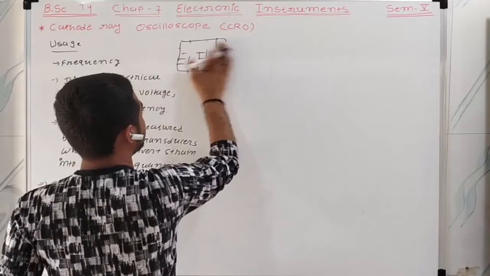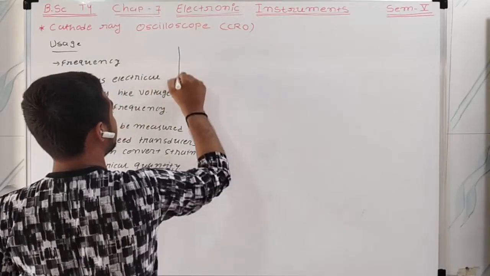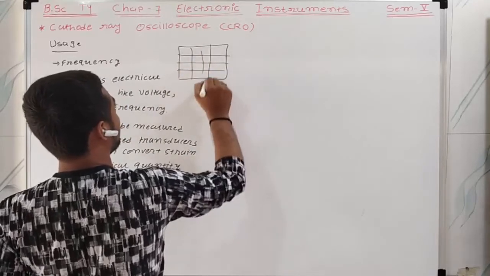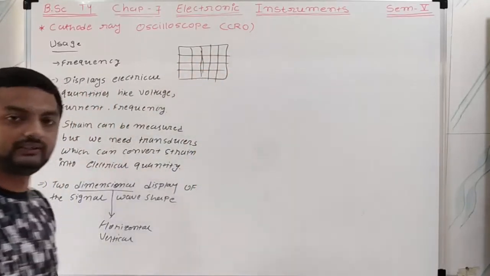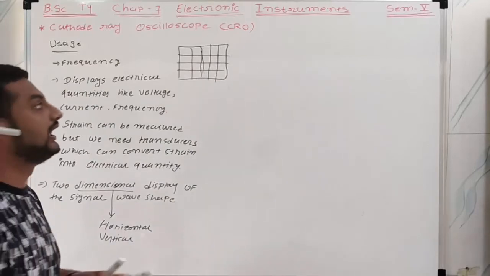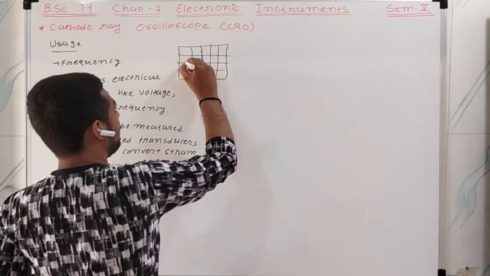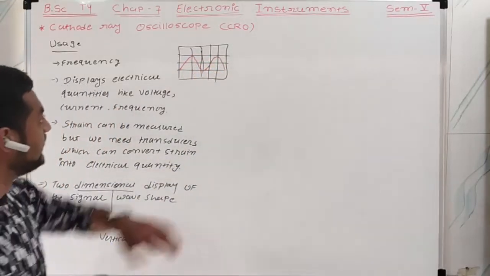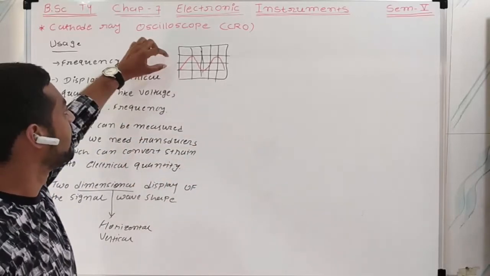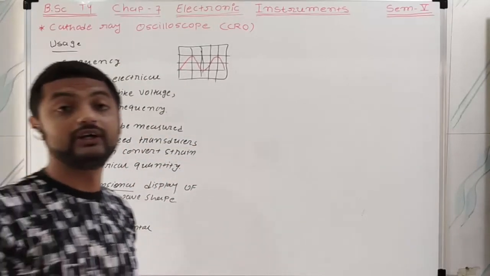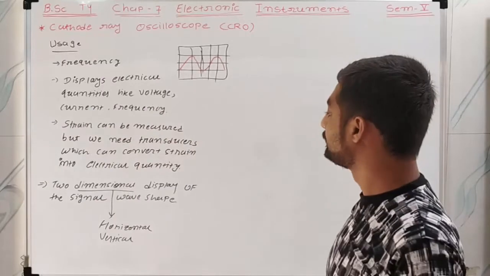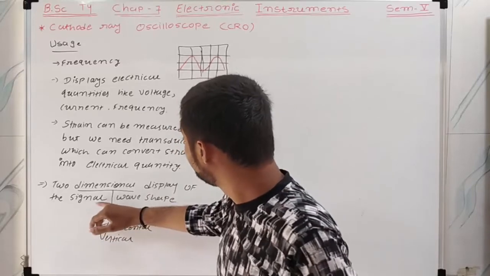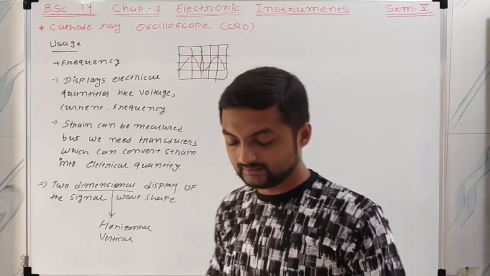Now the waveform comes like this. See, there are two dimensions. It has some length, right? It has also height. So it is a two-dimensional display. So you can say a two-dimensional display shows the wave shape of the signal, right?